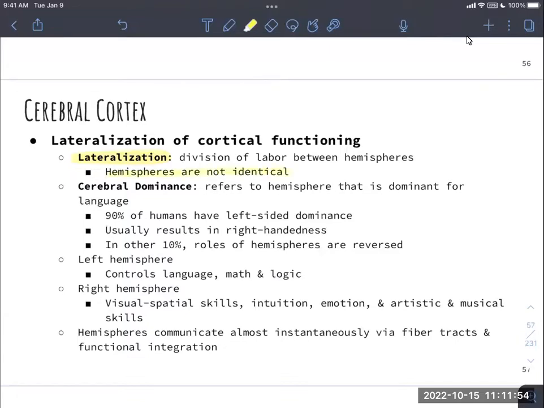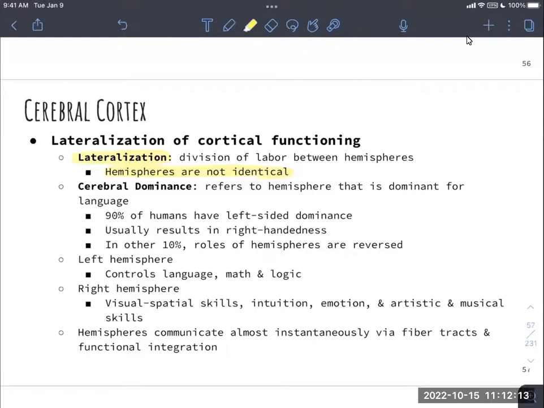Because your right and your left hemisphere are not identical. One side is better at one thing versus one side is better at something else. And that is where that cerebral dominance comes into play.